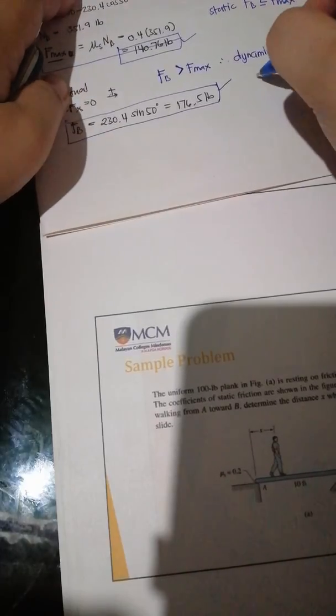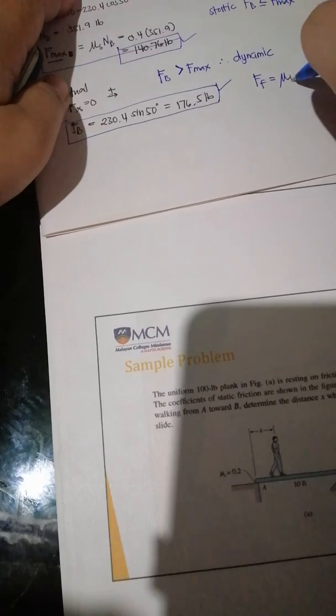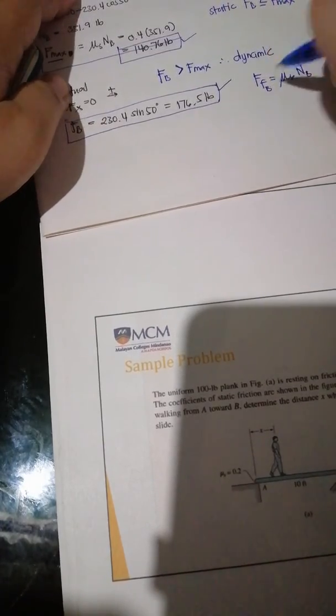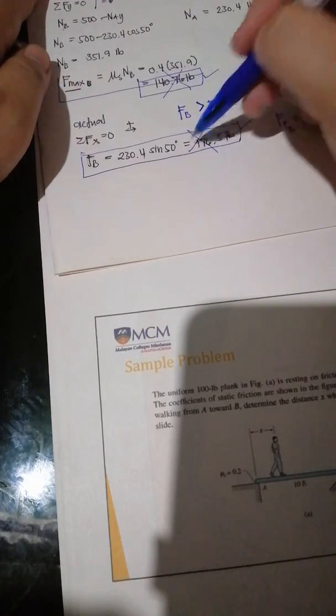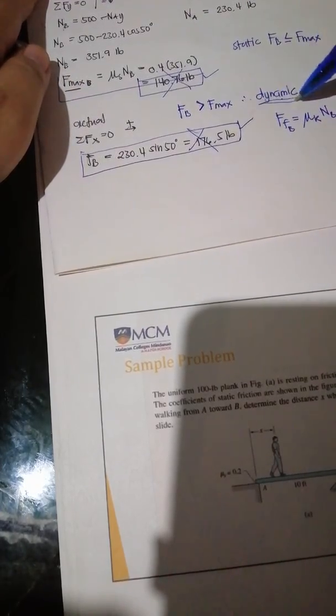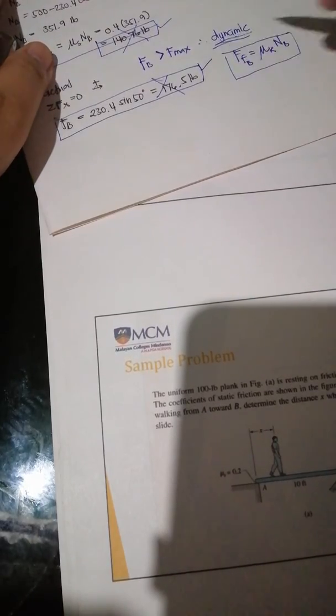And since it is dynamic, the actual friction force will be the kinetic coefficient of friction times the normal force at contact surface B. So, both of the earlier values are obsolete, because we found out that it is actually a dynamic case. This is now the actual value of the friction force.